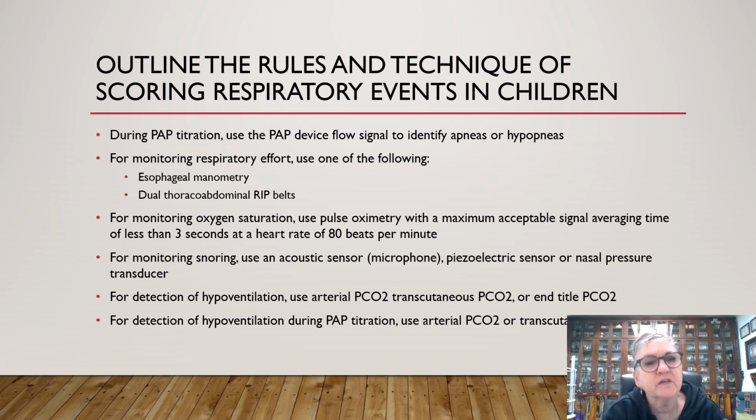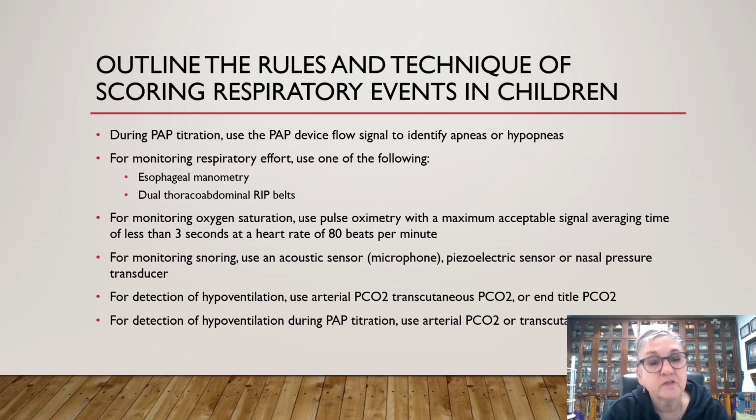Okay, some more recommendations. During PAP titration, use the PAP device flow signal to identify the apneas or hypopneas. For monitoring respiratory effort, use one of the following: esophageal manometry or dual thoracic abdominal RIP belts. For monitoring oxygen saturation, use the pulse oximeter with a maximal acceptable signal averaging time of less than 3 seconds and a heart rate of 80 beats per minute.